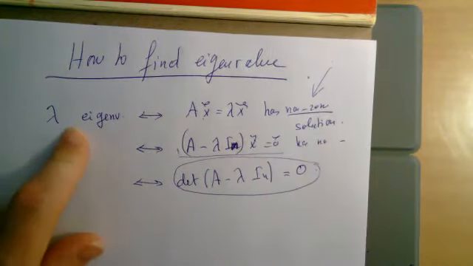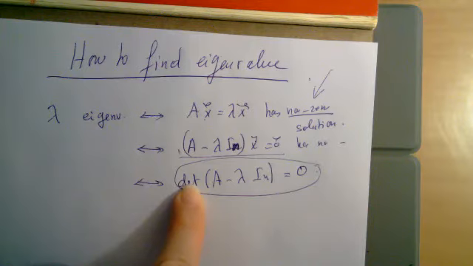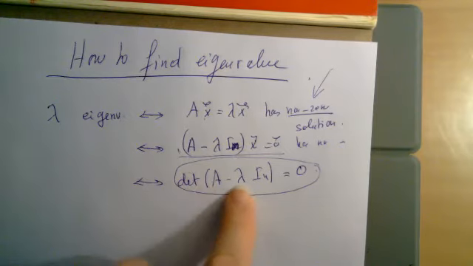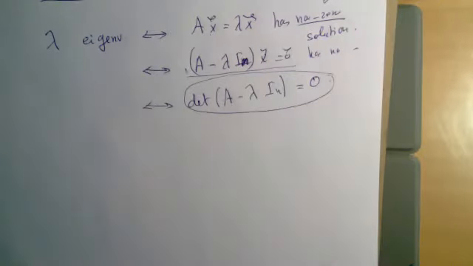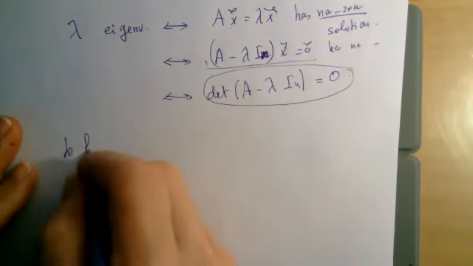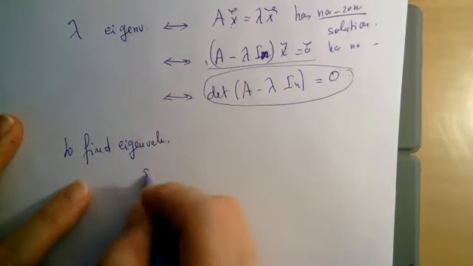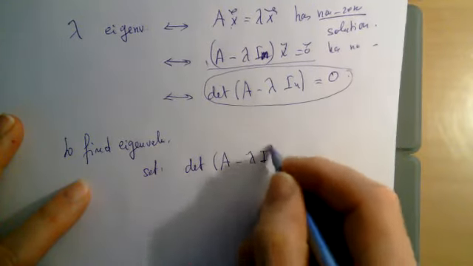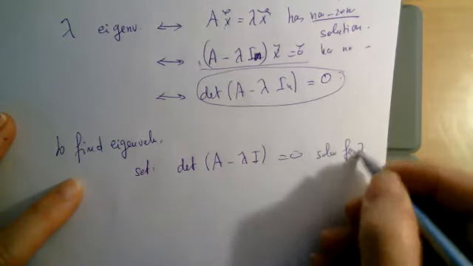So to find the eigenvalues, we find all the lambdas that cause this determinant to be 0. If I find those lambdas that make this determinant 0, for those particular lambdas, I will be able to find the x's. So what's going to be the algorithm to find the eigenvalues? We're going to set the determinant of A minus lambda I equal to 0 and solve for the scalar lambda.